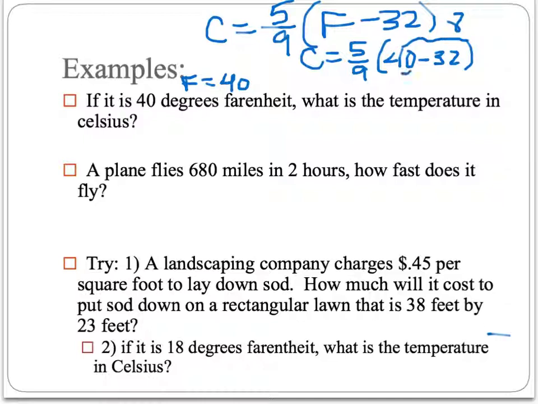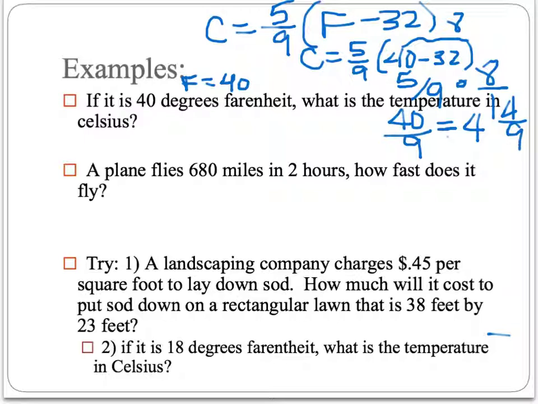So I have 5/9 times 8/1. Multiplying fractions, 5 times 8 is 40, over 9 times 1, which is 9. 9 goes into 40 about 4 and 4/9 times. So that's about 4.5 degrees Celsius.